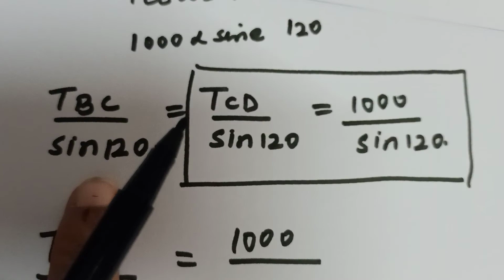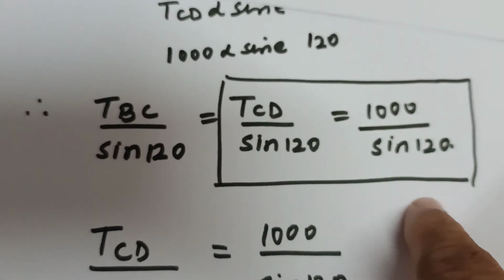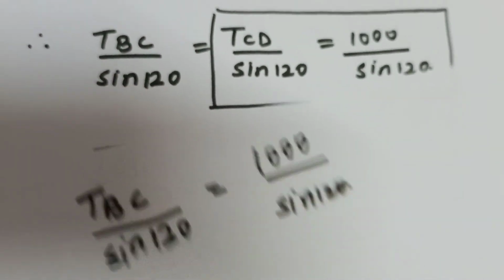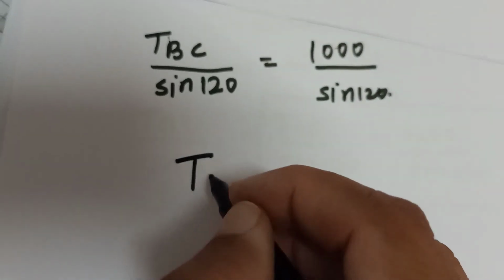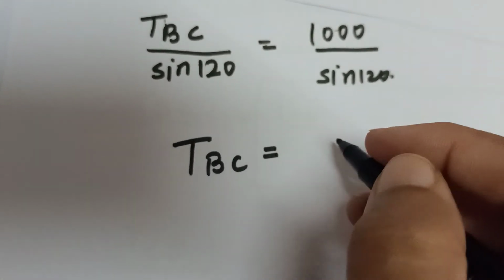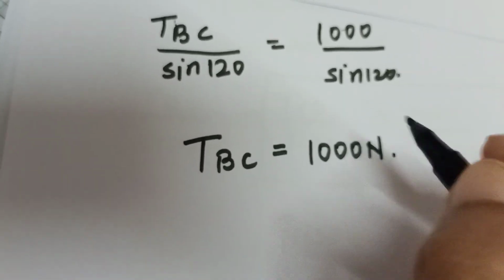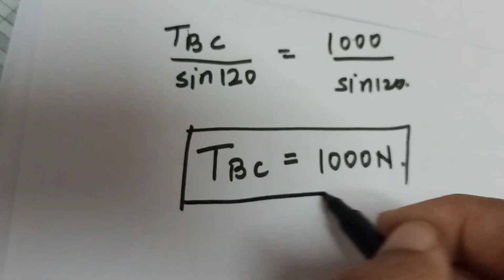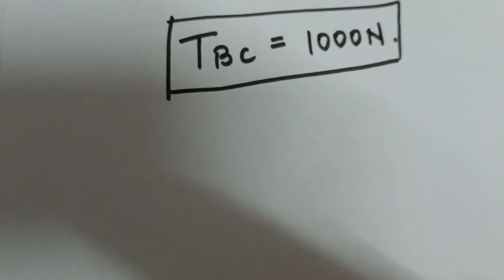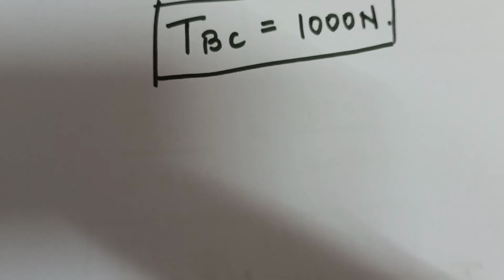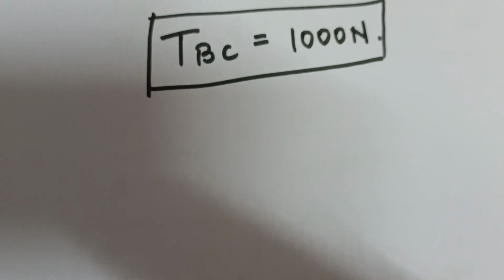Now sine 120 cancels, so TBC is also equal to 1000 newtons. So we are able to calculate the forces in the members AB, BC and CD. Okay, thank you.